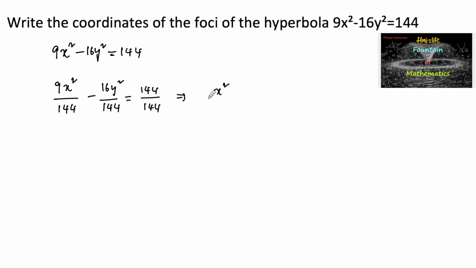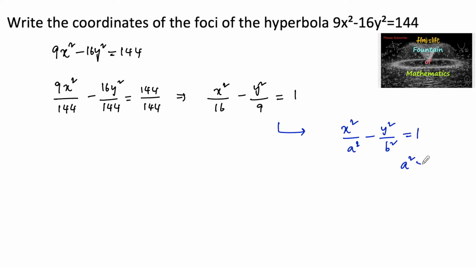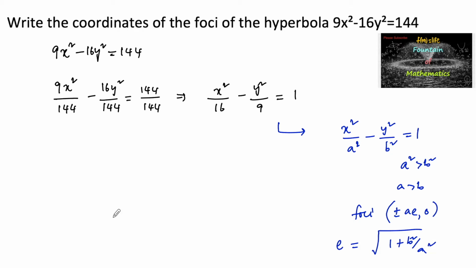So we have x square upon 16 and y square upon 9, which is equal to 1, which is in the form of x square by a square minus y square by b square is equal to 1. Here a square is greater than b square, that is a is greater than b, and the foci of this hyperbola can be considered plus or minus ae comma 0, and eccentricity e is equal to under root of 1 plus b square by a square.